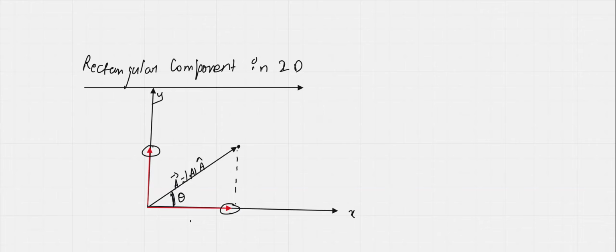If I calculate cos theta, I will get the base and the hypotenuse. The magnitude of the base I have to calculate, and the hypotenuse is nothing but a's magnitude. So this length comes out as a times cos theta. Base divided by a, so your base comes out as a cos theta.